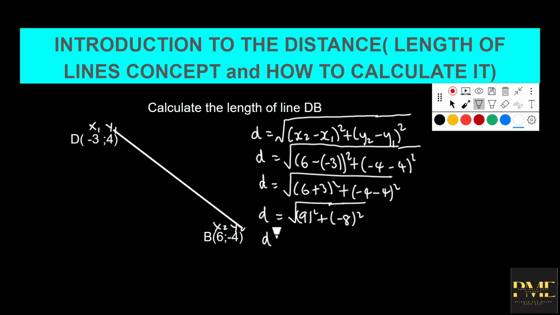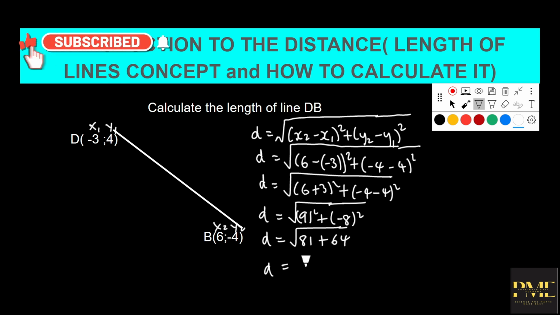Then here our distance will be equals to square root of, then 9 squared is actually 81, plus, and then negative 8 all squared, that's actually equals to 64, guys, okay. Then our distance will therefore be equals to square root of 81 plus 64, okay, so square root of 145, guys, okay.